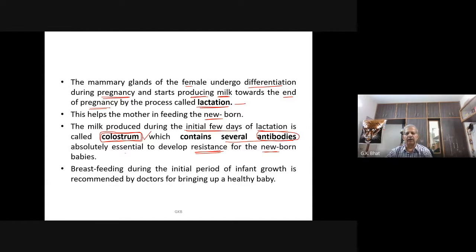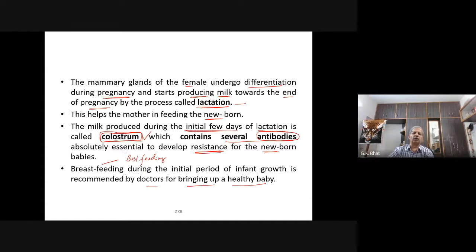Breastfeeding during the initial period of infant growth is recommended by doctors for bringing up a healthy baby. Remember, breastfeeding is the best feeding for the babies.